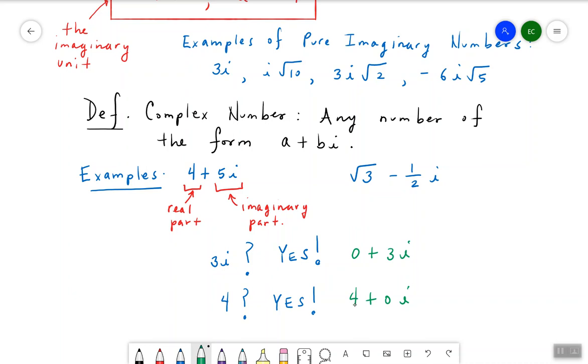It has the real part 4, it has the imaginary part 0i, the value of a is 4, and the value of b is 0. Numbers like this, where the value of b is 0, are called real numbers. This means that any real number is a complex number whose value b is 0. Okay, we'll talk about that a little bit more later on in the section.